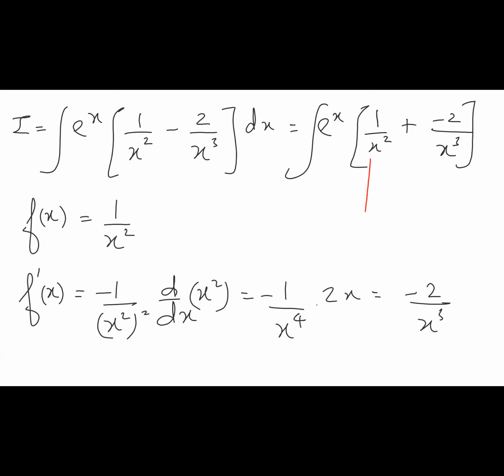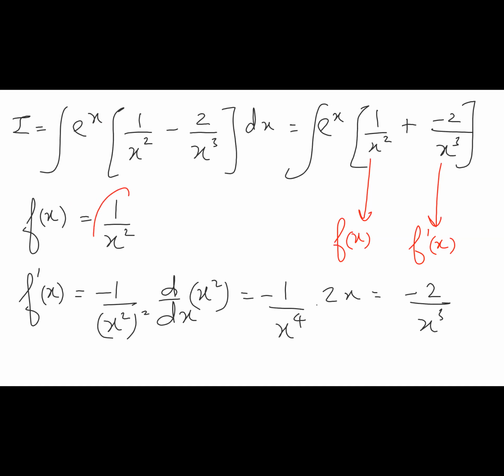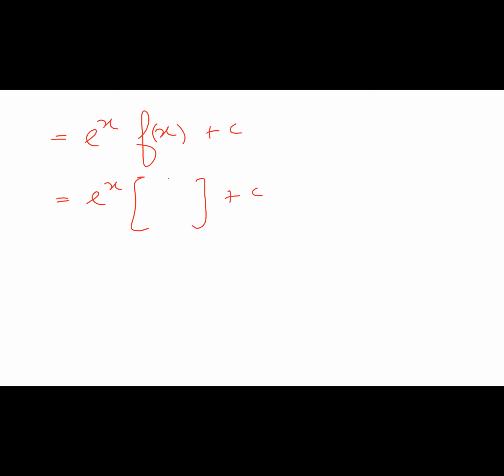The first part is f of x, second part is f dash x. So the integration of this will be e raised to x f of x plus c, which is e raised to x into what is f of x? f of x is equal to 1 upon x square. So e raised to x upon x square plus c.